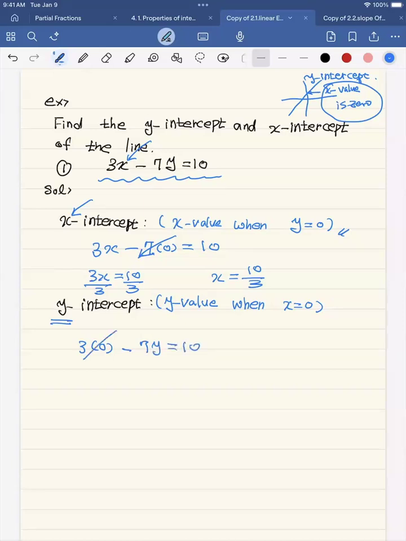By doing so, the first term will vanish, and we have minus 7y equals 10. And we divide by negative 7 on both sides. Then we get y equals 10 over minus 7. So let's write the minus on the numerator.